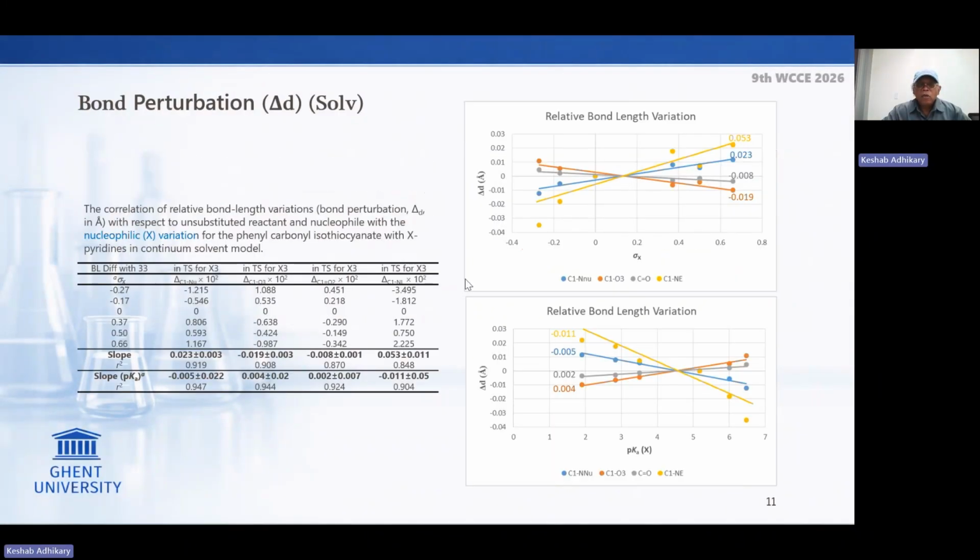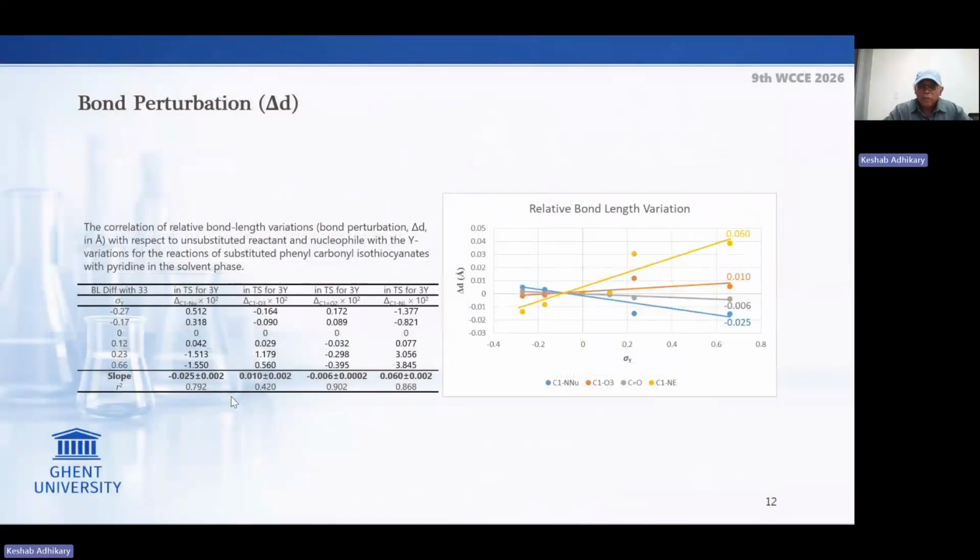And here in the solvent model, we can see all the bond variations, and from here also we can find the tighter TS. But interesting in this case is that for bond breaking in this reaction, the solvent polarization and the Y substituent play the major roles, which can be seen from this table and the linear correlation display.